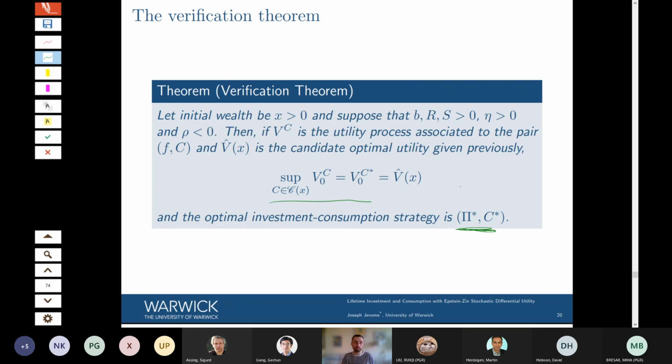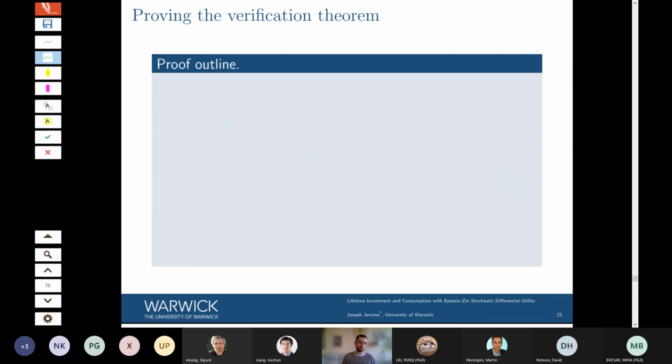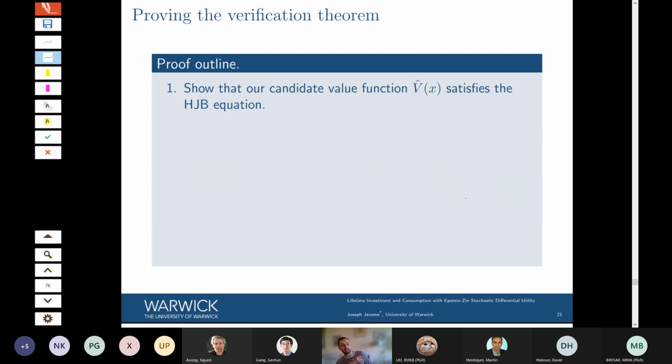So this is quite like a standard verification theorem, and I'll just quickly go through the steps of that. You show that the candidate value function satisfies the HJB equation. If you've derived it via the HJB equation method, then obviously that's going to be the case.